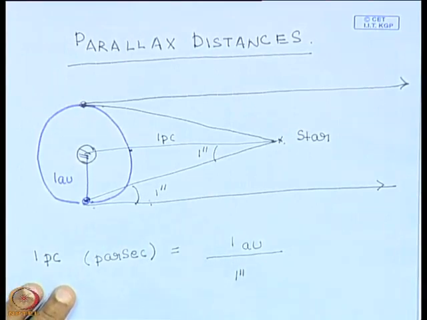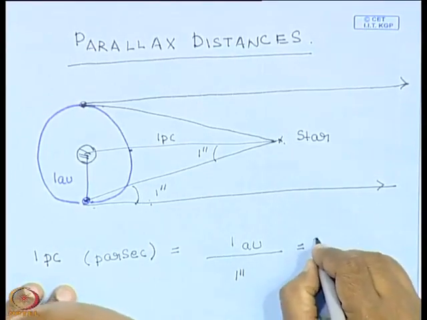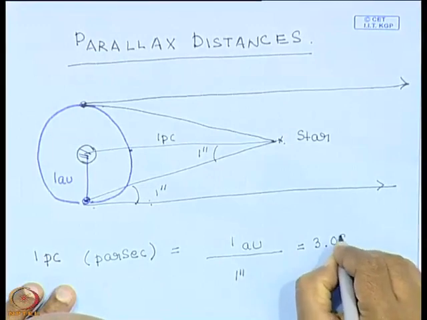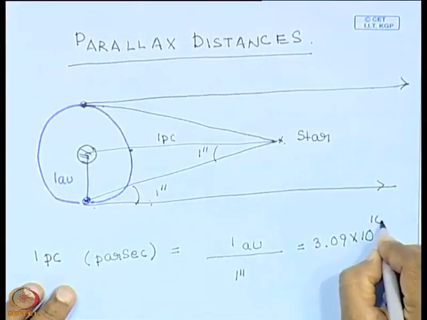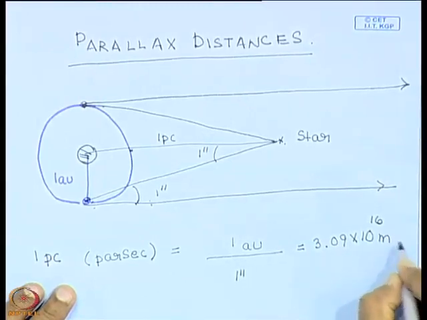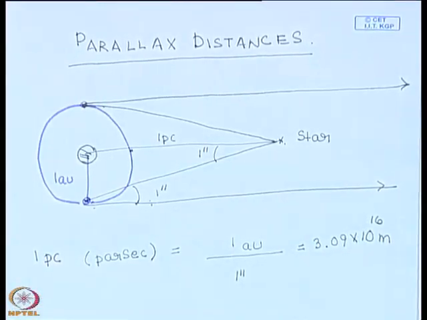So, I leave this as an exercise for you, a rather straightforward exercise. If you do it, you will find that this comes out to be 3.09 times 10 to the power 16 meters. Okay. So, this is 1 parsec, that is the distance scale outside the solar system.